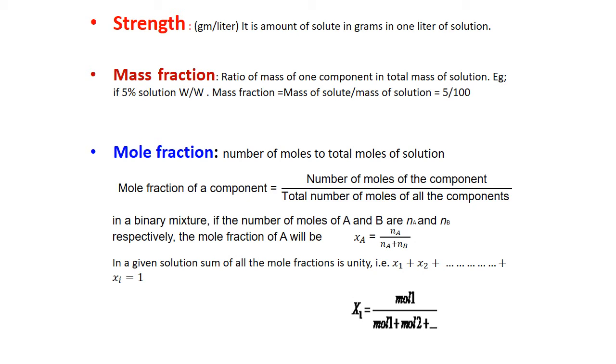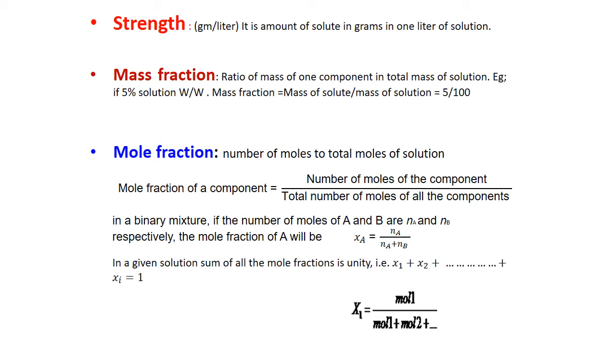Next is the mole fraction. Mole fraction means the number of moles of a component to the total moles of the solution, and can be calculated as the ratio of the number of moles of one component divided by the total number of moles of all the components in the solution. In case of a binary solution, two components are there, A and B, and their numbers of moles are nA and nB.